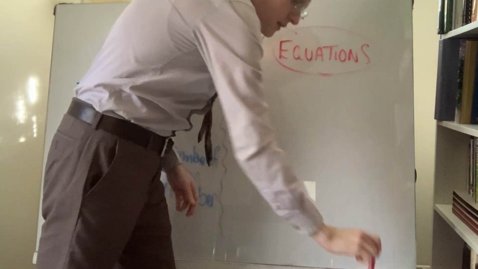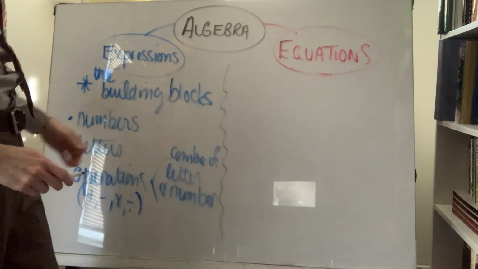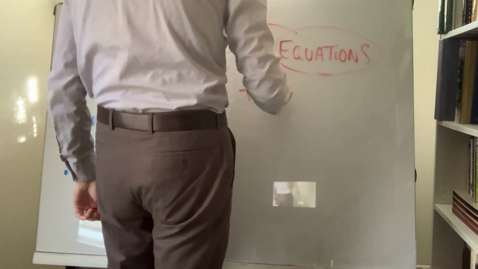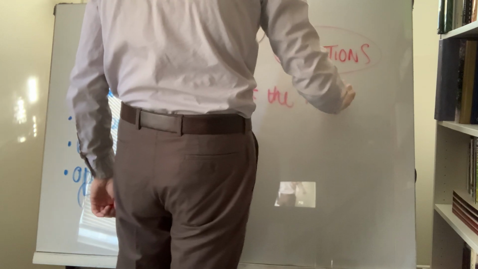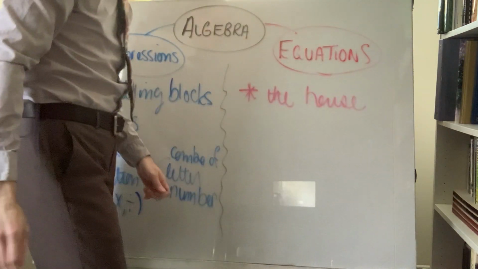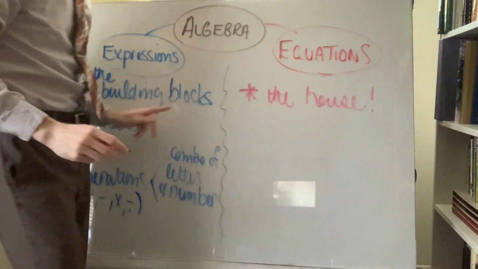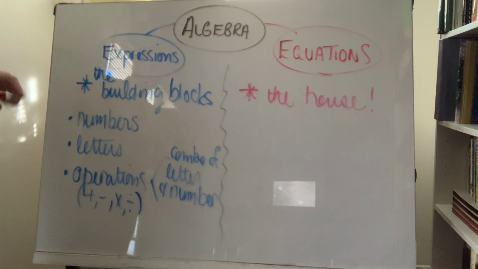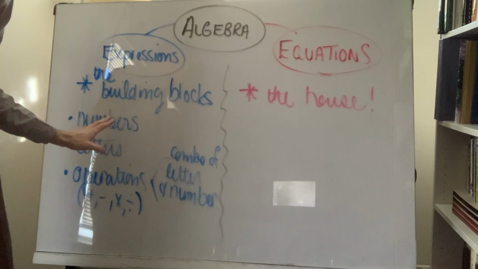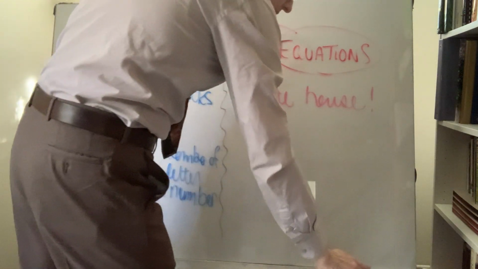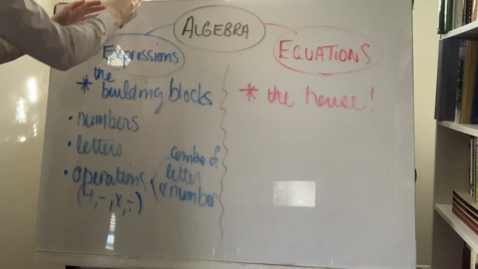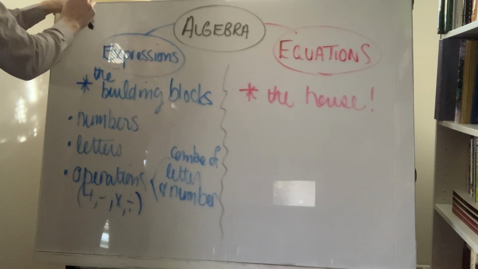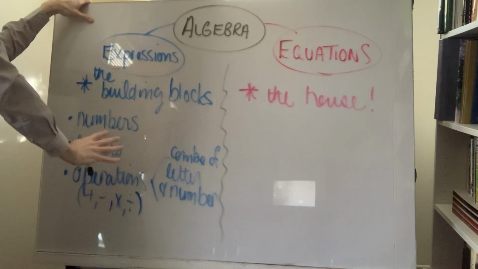And for the sake of contrast, the equations are the house, or the building, or what have you. They are made from these parts. I would encourage you to make this distinction yourself in your mind, because if you identify that you are dealing specifically with this type of thing, you will follow a specific set of rules.